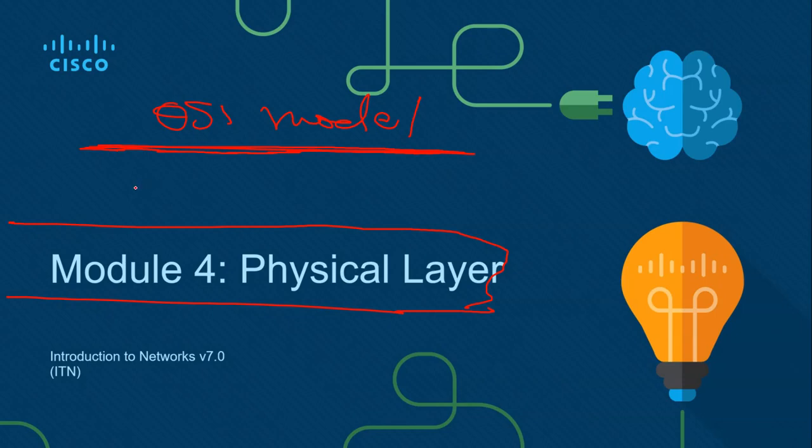So this is the physical layer, layer one, under the OSI model.